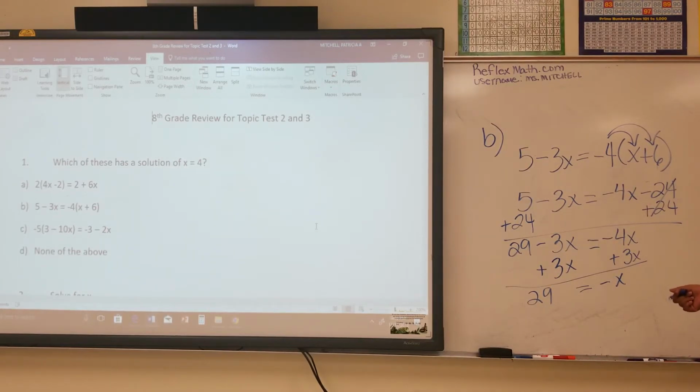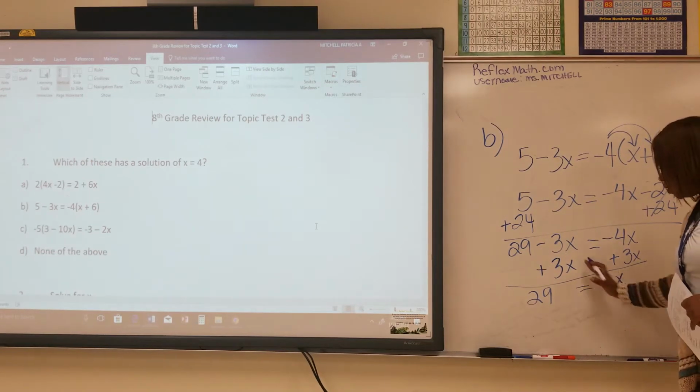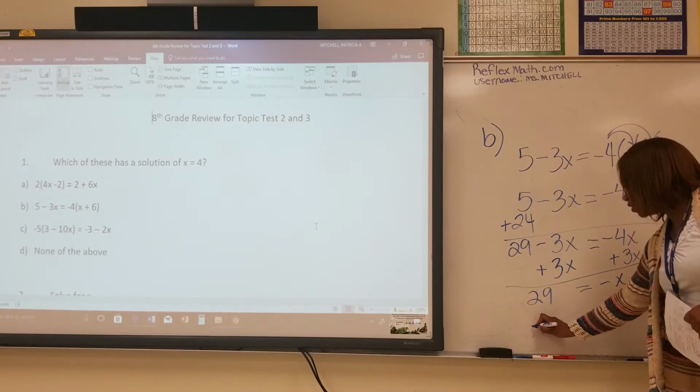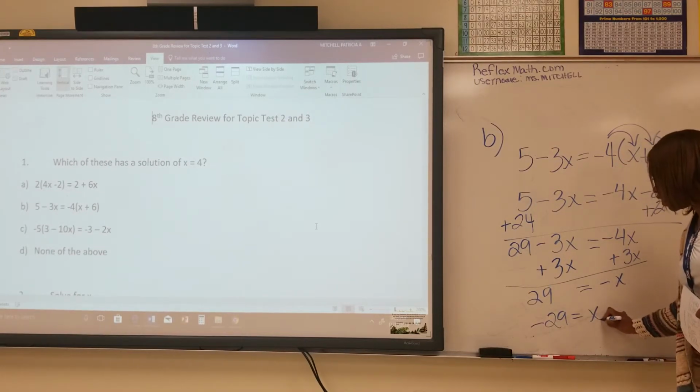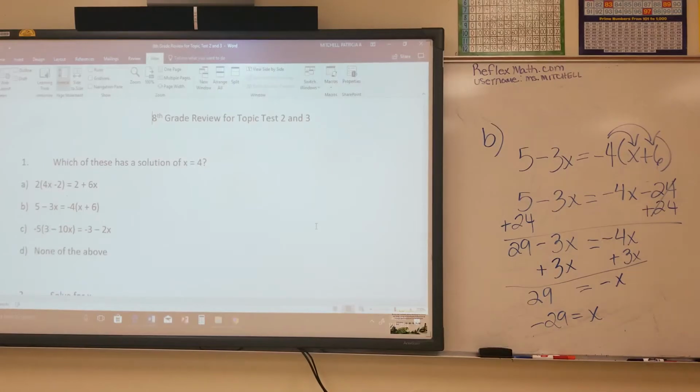And we cannot leave this like this because it is a negative x. So all we do is switch it over to the other side, which will then give us negative 29 equals x. And as before, just like with A, x is not equal to 4, it's equal to negative 29 on B. So we know that B is not the answer.